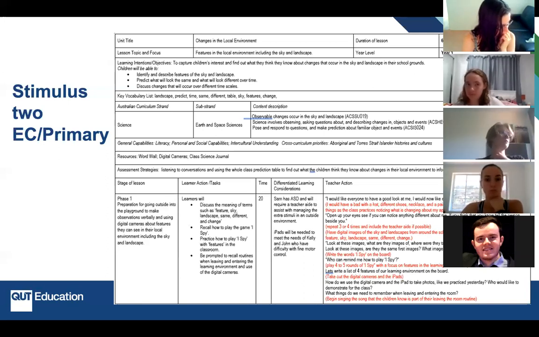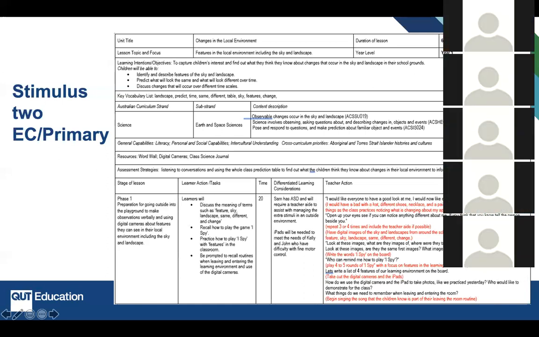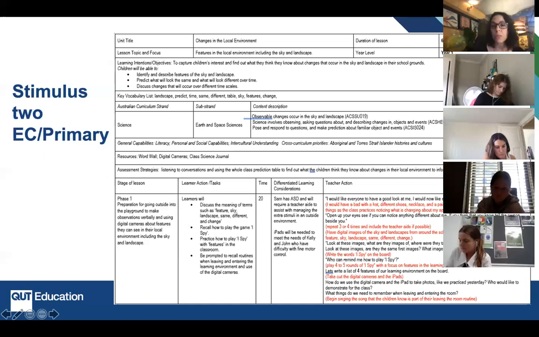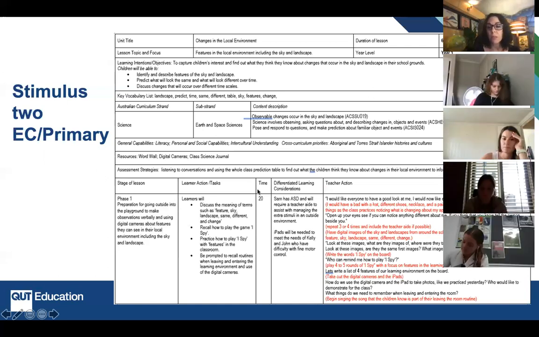So lesson plans are very, very detailed, as in this one, especially when you're on placement or as a beginning teacher. Obviously, as you have more experience, they would probably be less detailed, but still the more detail you have, the easier it's going to be in terms of knowing what you're going to do.